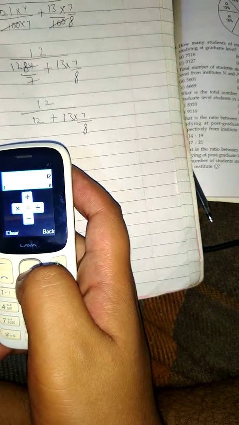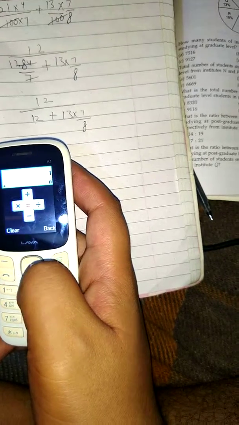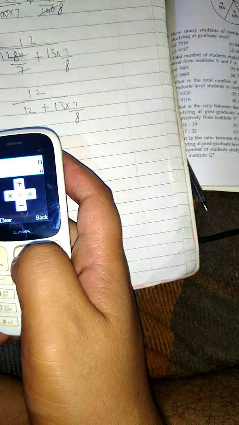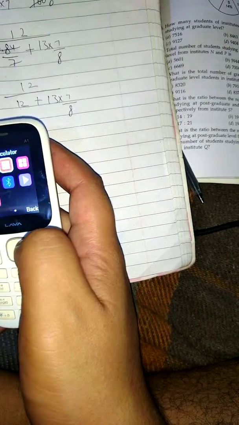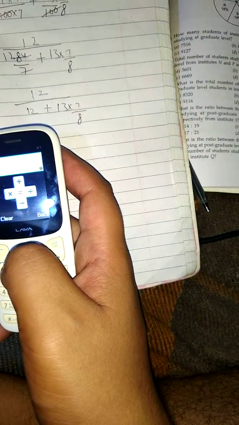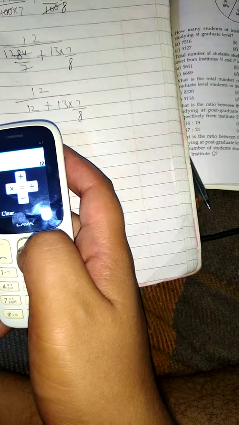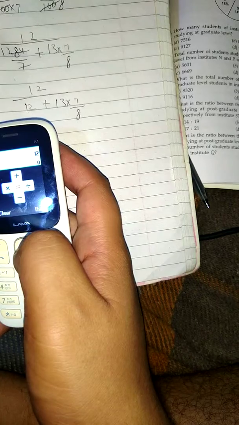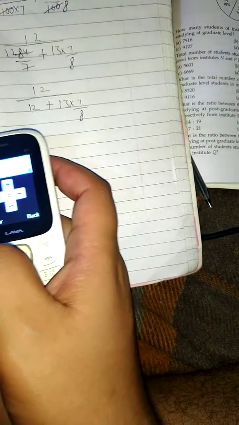The calculator doesn't actually support bracket operations, so we have to do it manually in some way.